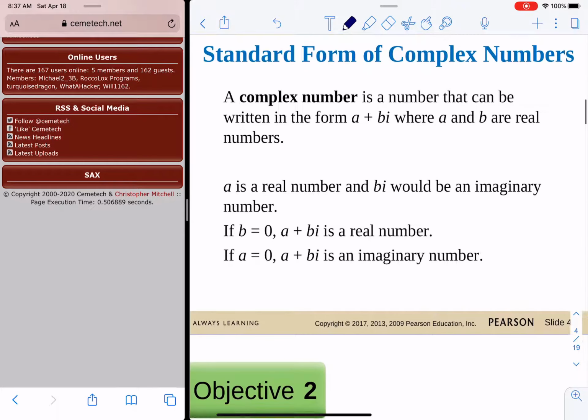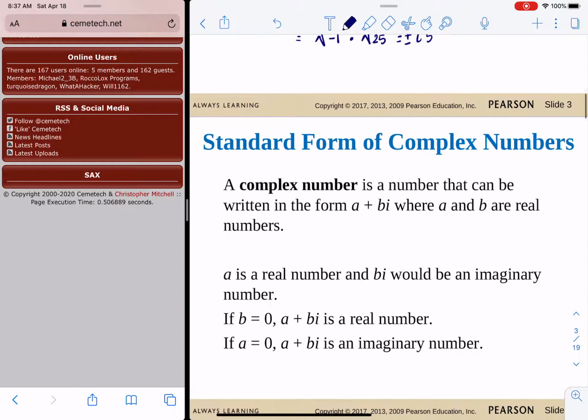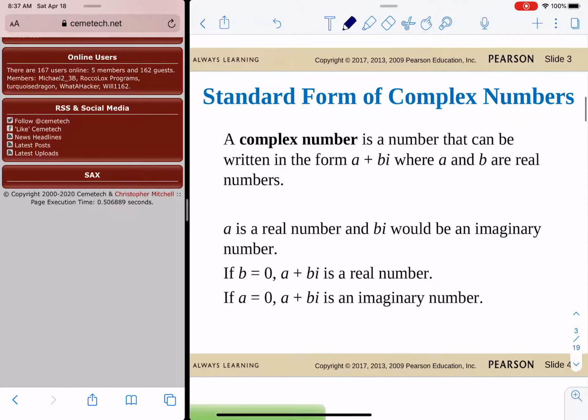So what we saw, they're all complex numbers, or most of them, because they had i. But there is what we call a general form of a complex number. And that general form is a plus b times i.